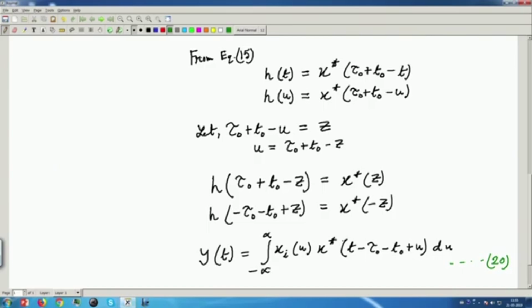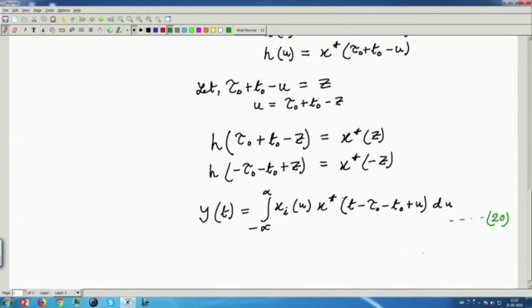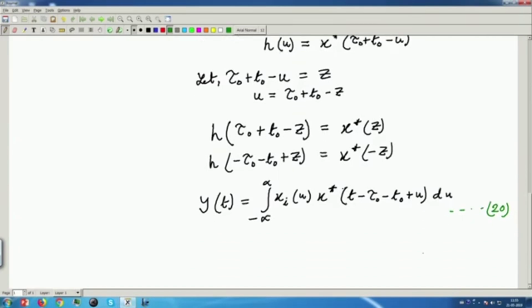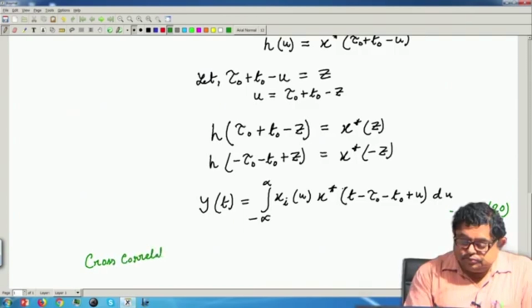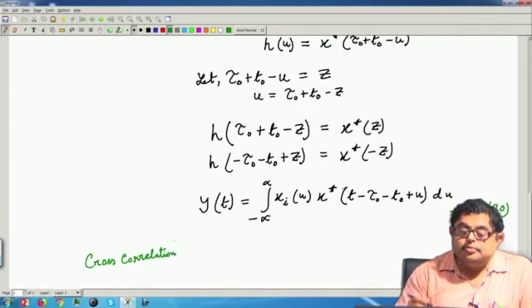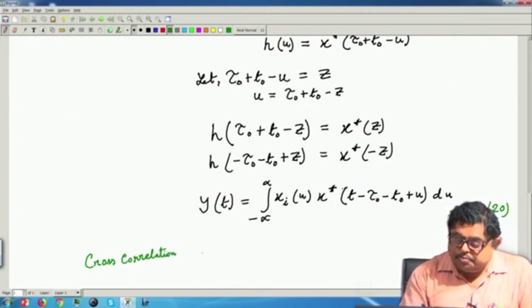Now, let us recall the definition of cross correlation between two complex functions.